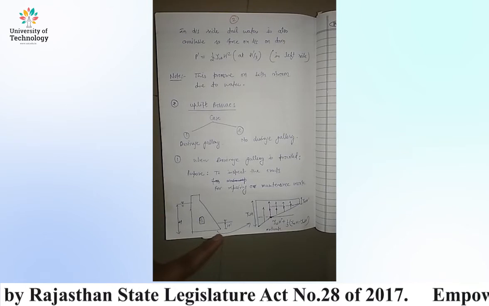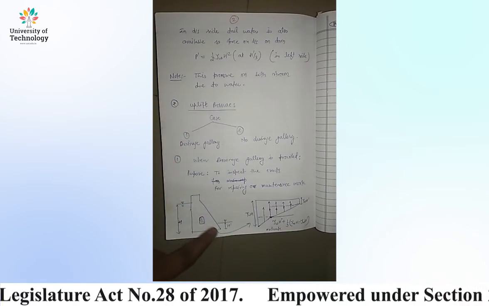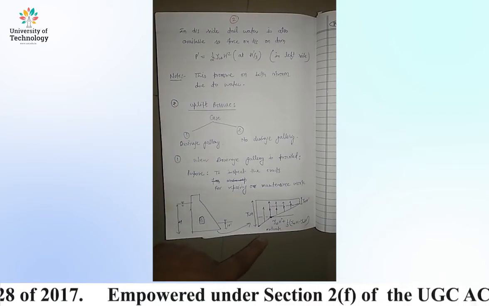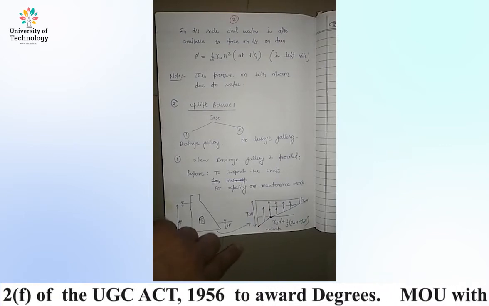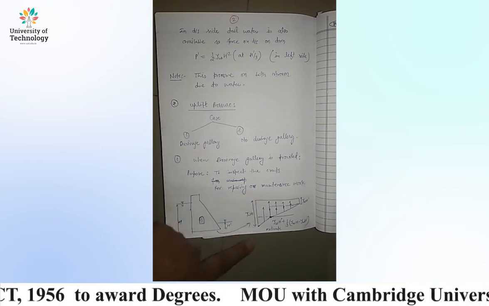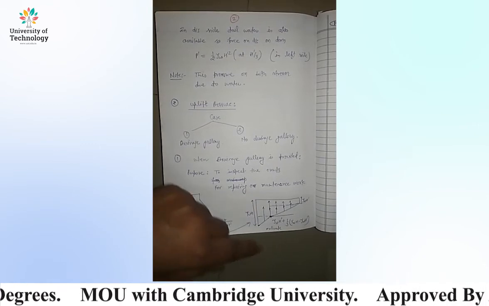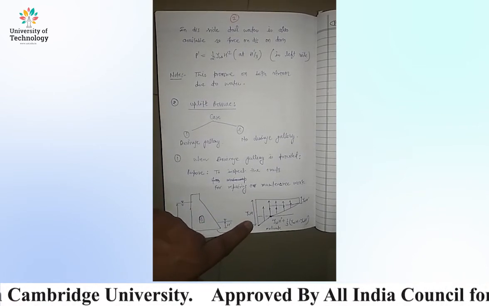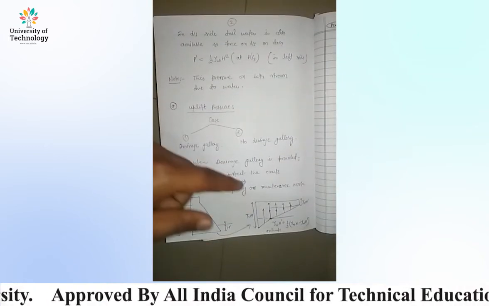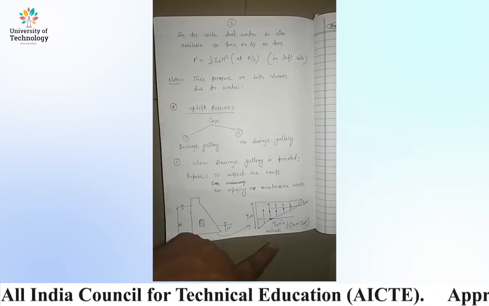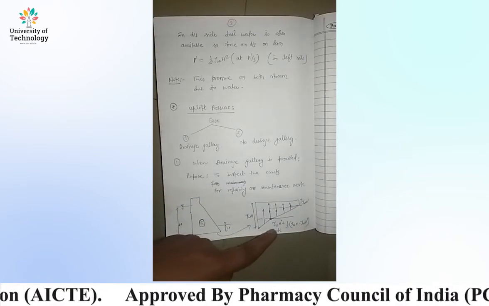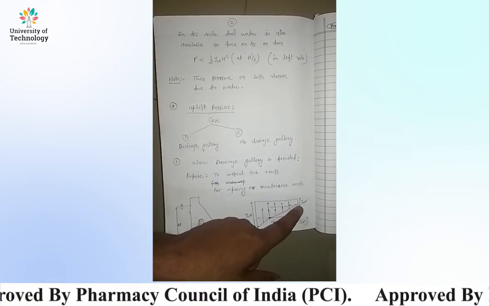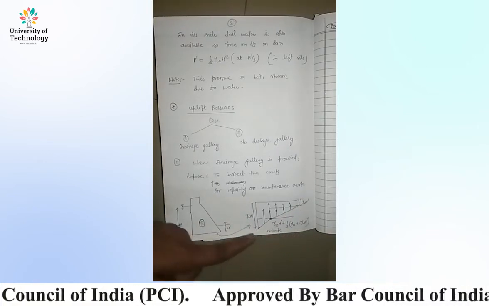So uplift pressure acts in the upward direction, and the profile of this uplift pressure is like this. The ordinate of this profile is gamma W H, similar to the previous case, and gamma W H dash is the ordinate available on the downstream side.